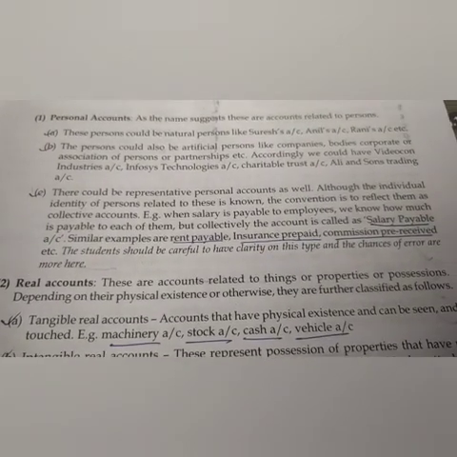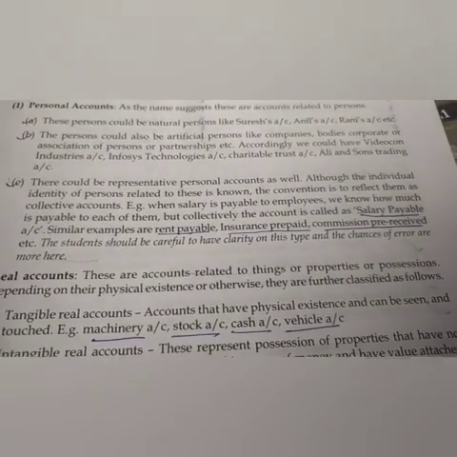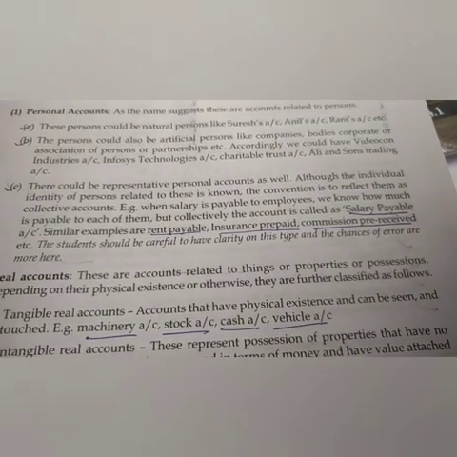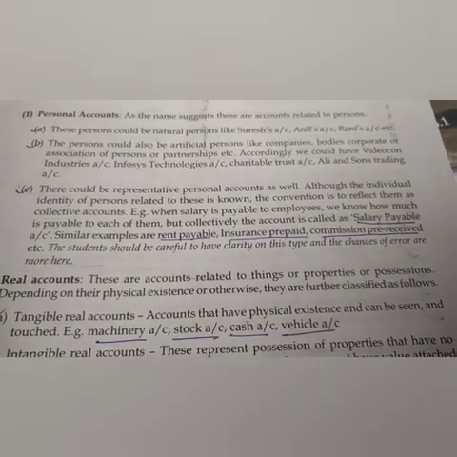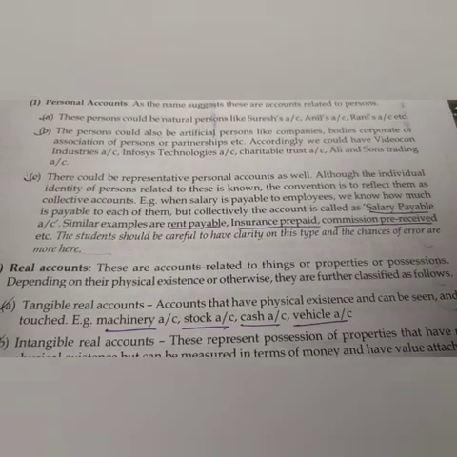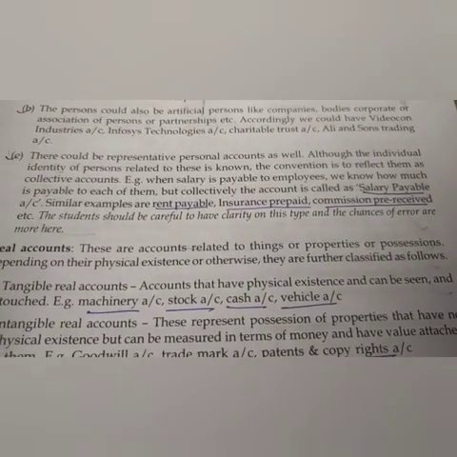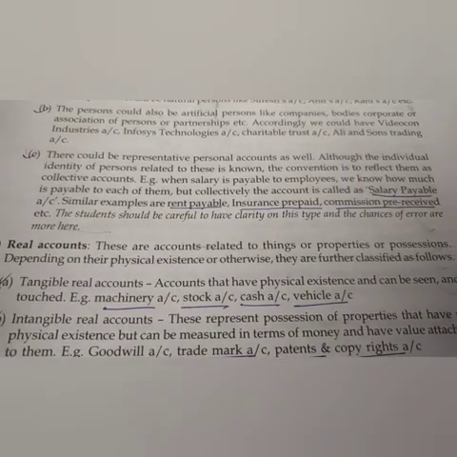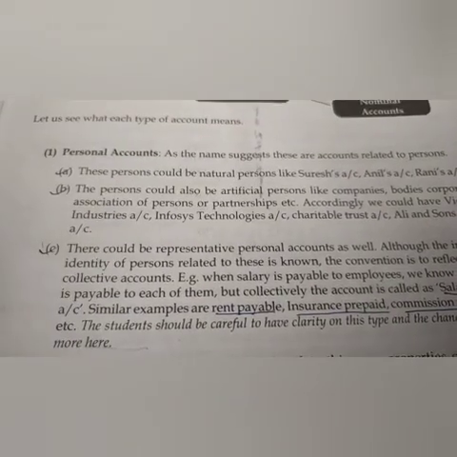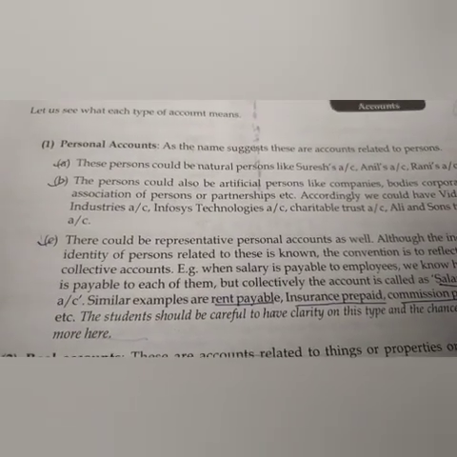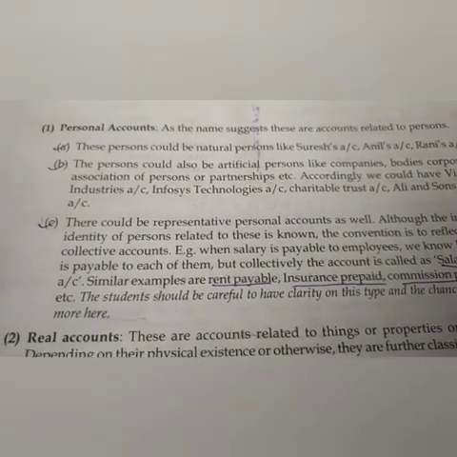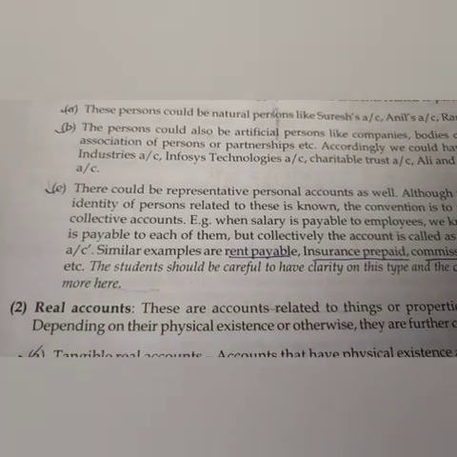There could also be a representative personal account, where the persons are collectively reflected, for example rent payable, insurance. Bank of India is a personal account, an artificial person like companies, banks, etc.